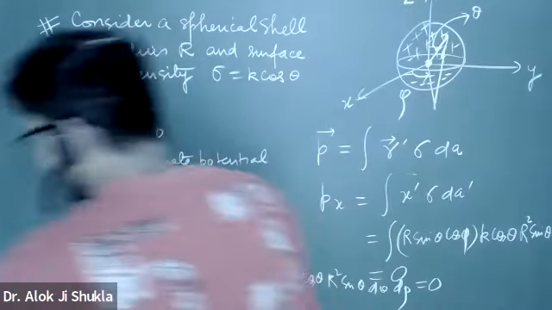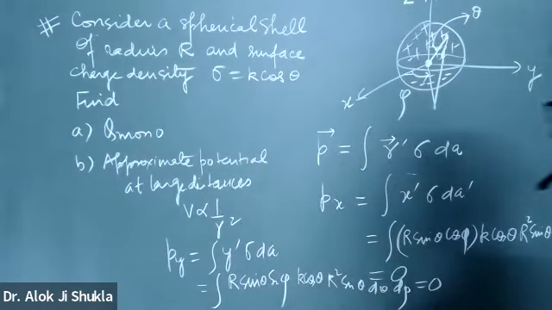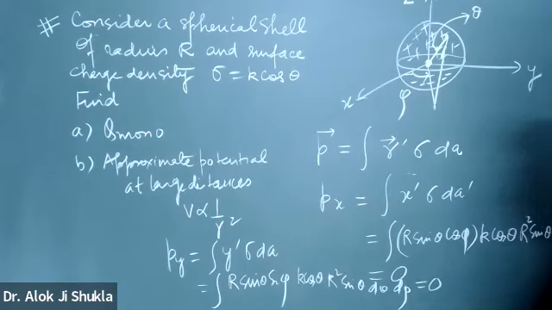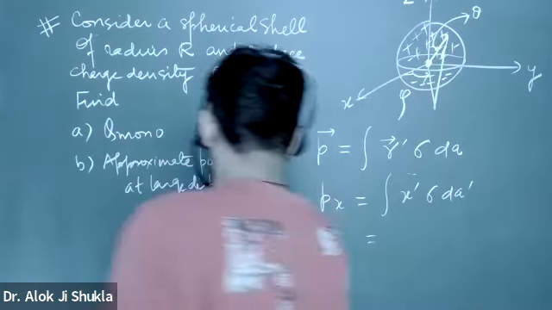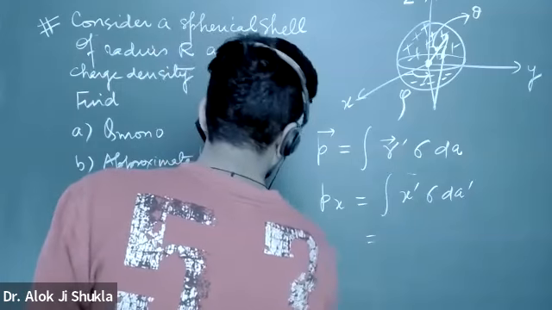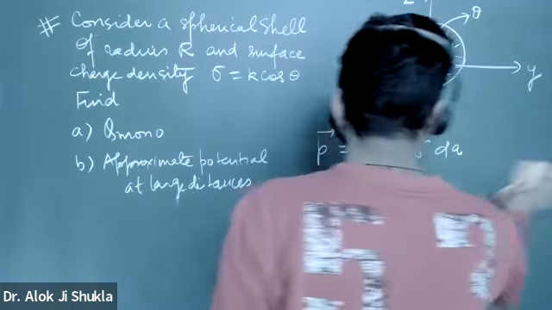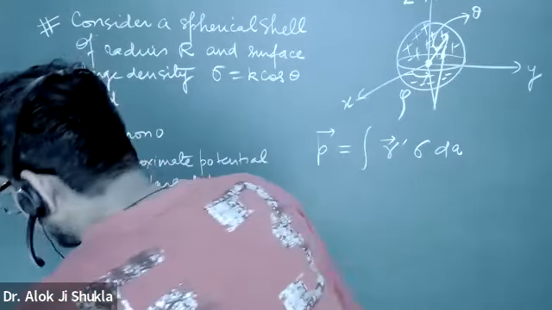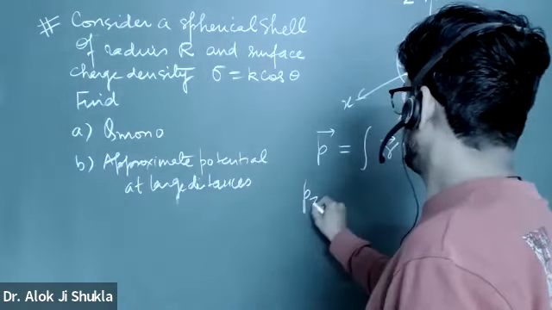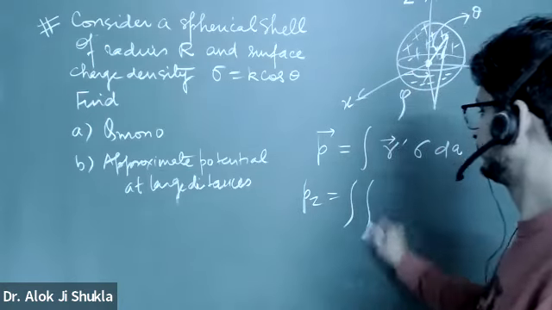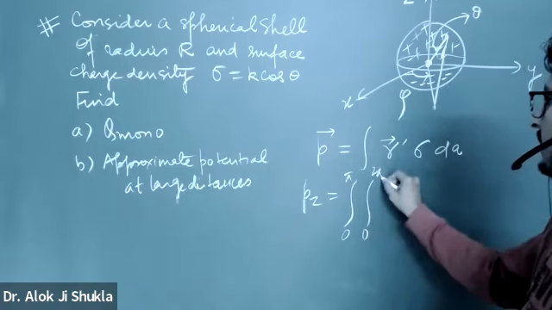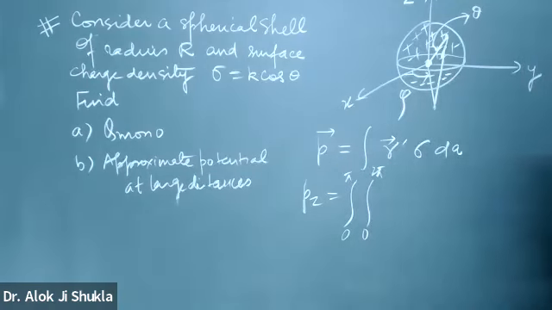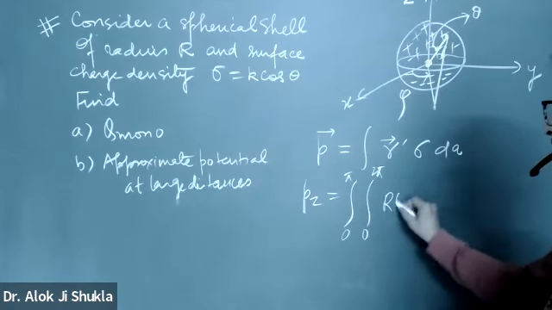Now what about pz? Let us take pz. Can I erase this? Yes, sir. Now what about pz? Pz will be integral 0 to pi, 0 to 2 pi. What is z? R cos theta.